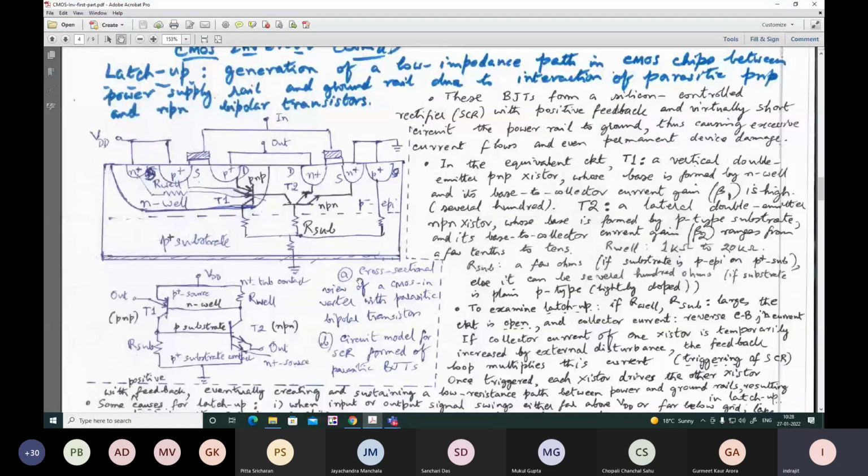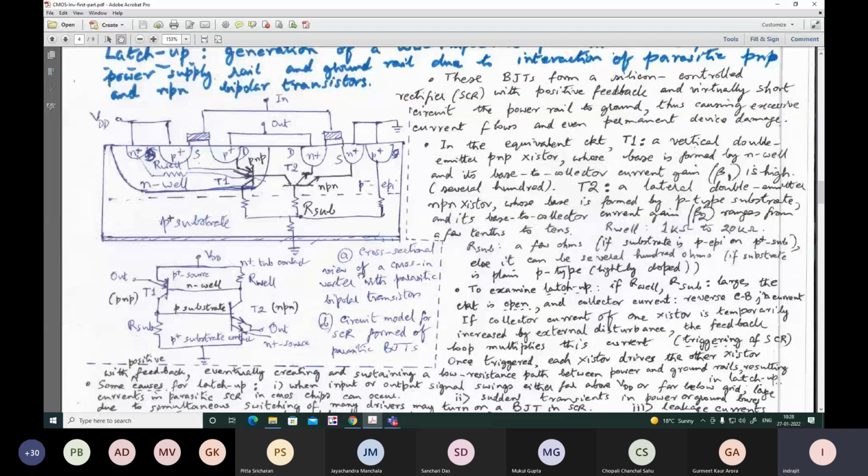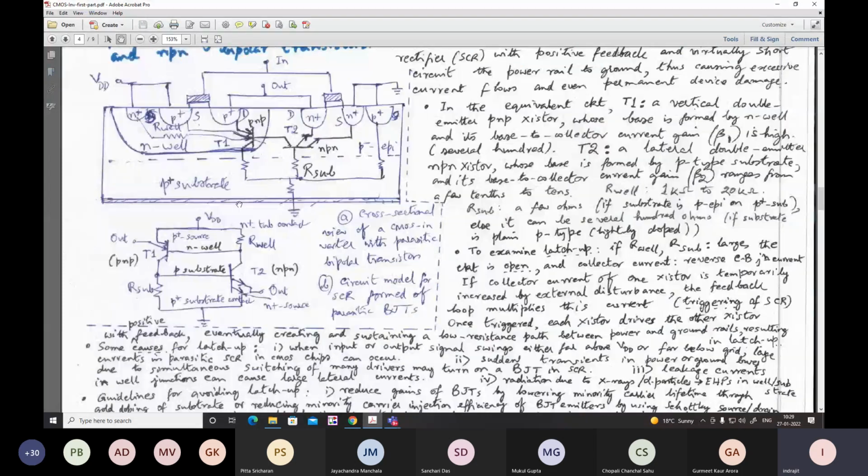First of all, let us see the equivalent electronic circuit, which is due to the SCR formed by these two parasitic bipolar junction transistors, the NPN that is T2 and the PNP that is T1. Also you see the resistance offered by the N-well and the substrate.